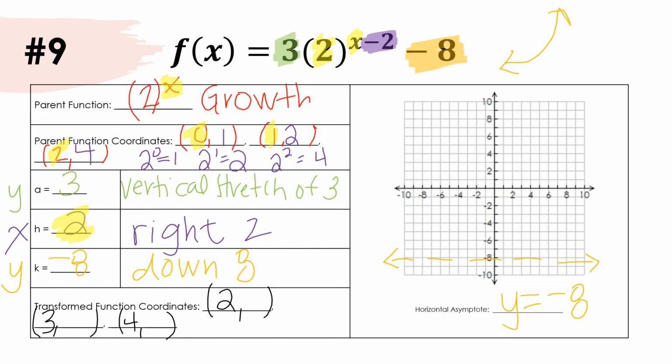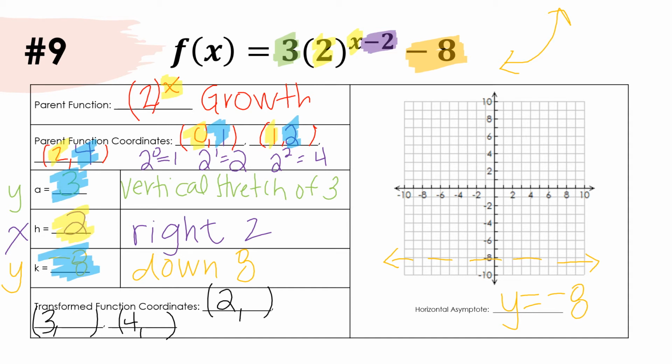All right, now to get our y-coordinates, we're going to look at our y values, 1, 2, and 4, and we're going to use the a value and the k value to get our new coordinates. So you're going to multiply y times a and then add k.